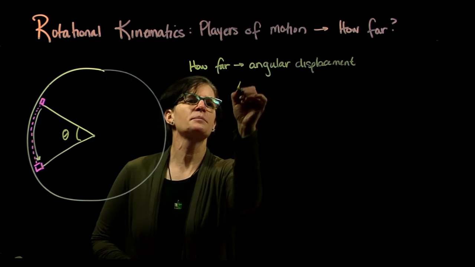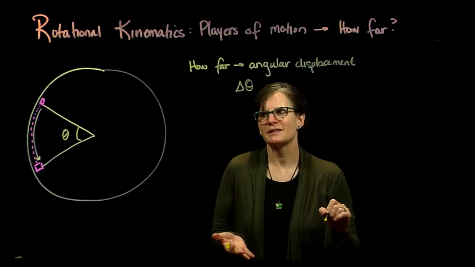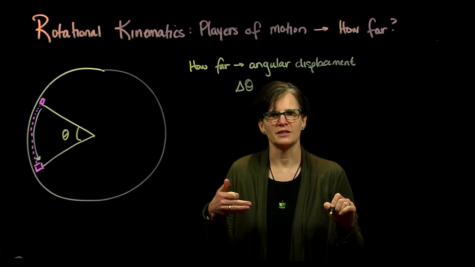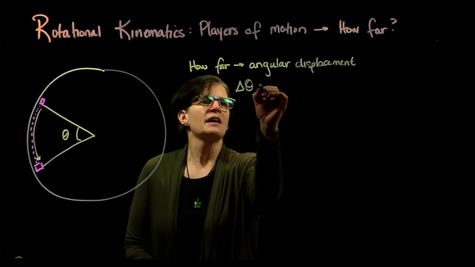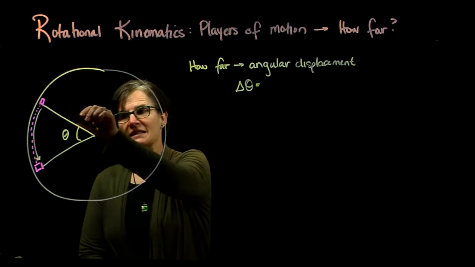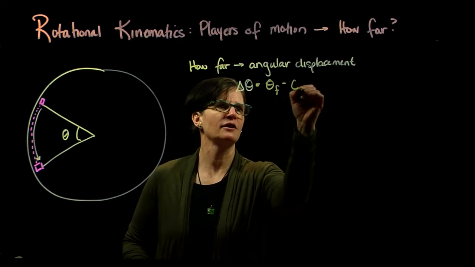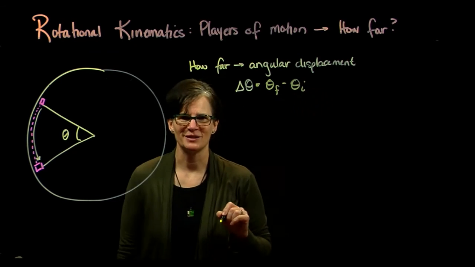This is simply the change in angle that the object experienced as it rotated along this turntable. It started at some initial angle and ended at some final angle, and our change in angle is the final minus the initial.